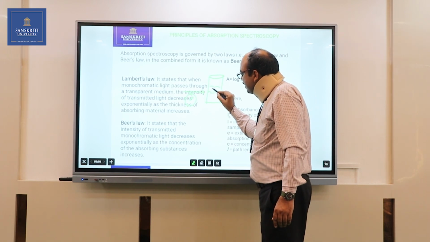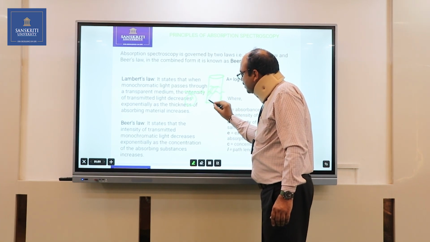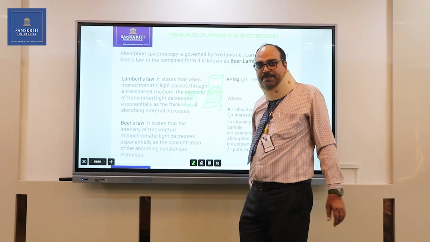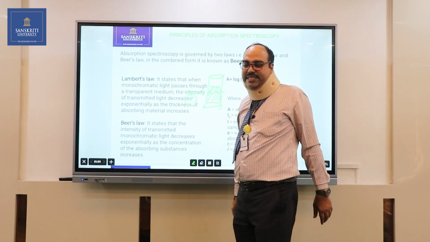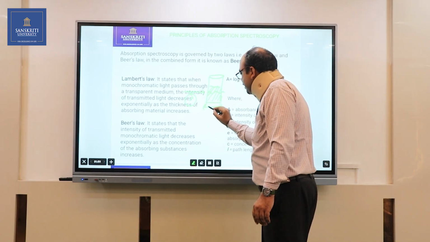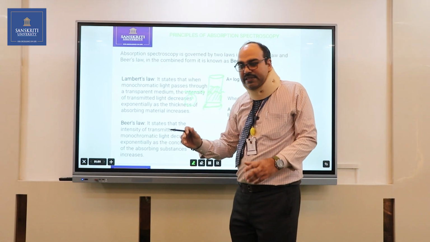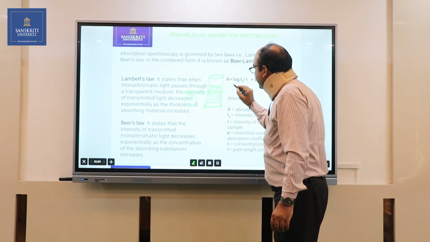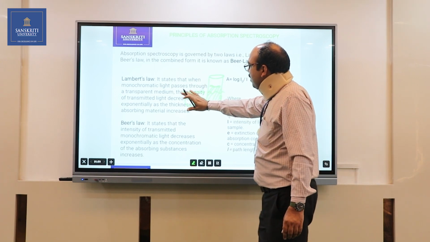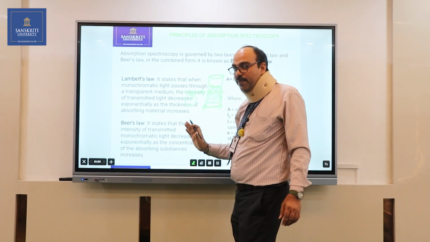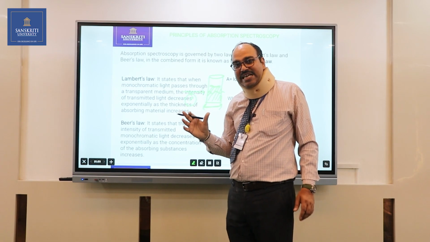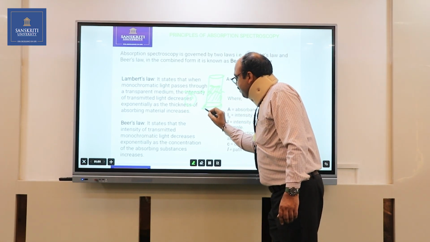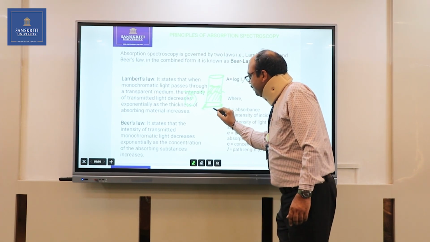Because when it passes through the solution, it travels some path. So when monochromatic light passes through the solution, the intensity decreases because it depends on the thickness of the material.